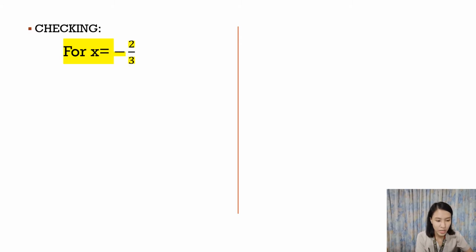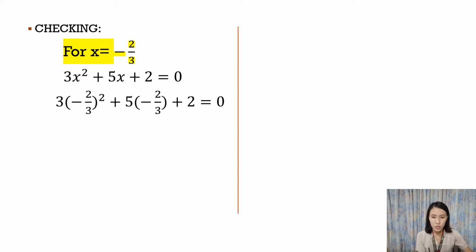To check if our answer is correct, we need to do checking. For the first value of x, we substitute negative 2/3 into the given equation 3x squared plus 5x plus 2 is equal to 0. By substitution, 3 times the quantity of negative 2/3 squared plus 5 times the quantity of negative 2/3 plus 2 is equal to 0.